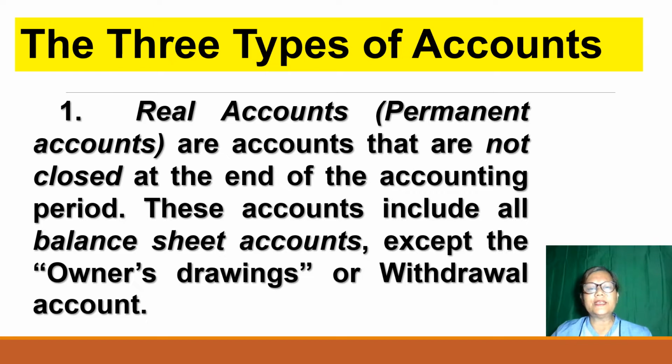These are accounts that are not closed at the end of the accounting period. These accounts include all balance sheet accounts except the owner's drawings or withdrawal accounts. So, the permanent accounts or real accounts are, again, balance sheet accounts, and they are always found in the post-closing trial balance.